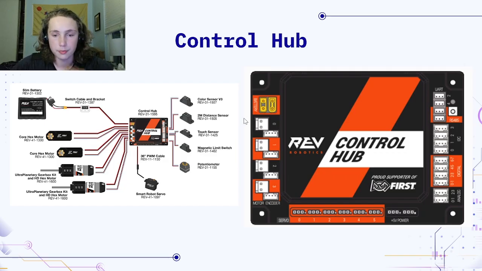But if we look at the area labeled 0, 1, 2, and 3 in stripes of orange and black that we see on this side beneath the battery, that is where the actual motors are plugged in, which are these square ports right here, these 4 of them. And for our team, they will be the front left motor in 0, the front right motor in 1, the back left motor in 2, and the back right motor in 3.